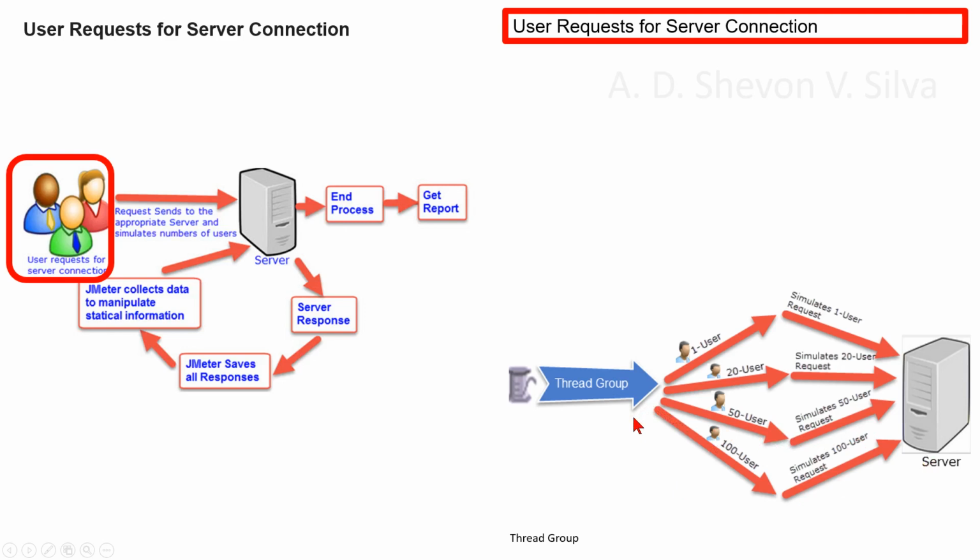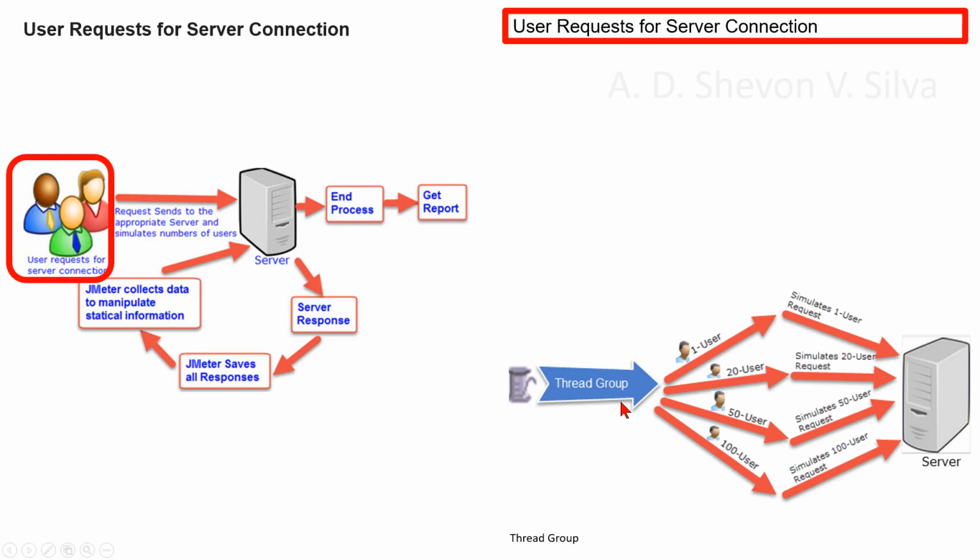In the thread group GUI, you can control the number of users simulated, the number of threads, the ramp-up time, how long it takes to start all the threads, the number of times to perform the test, and optionally a start and stop time for the test.